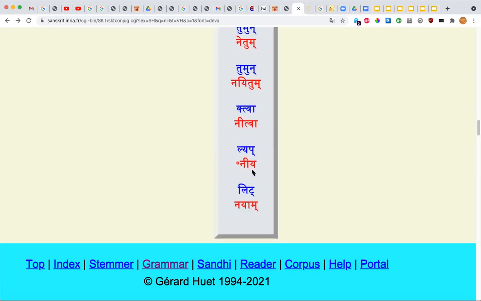And they have also given us the Lyap form. Look at the circle before Niya. It just means that you have to add the Upasarga in front. So for us, A Nayati. So A Upasarga is there. So replace this circle with the Upasarga, whatever the Upasarga is. So Aniya. So if it is no Upasarga, then the Twa form is Nitva.